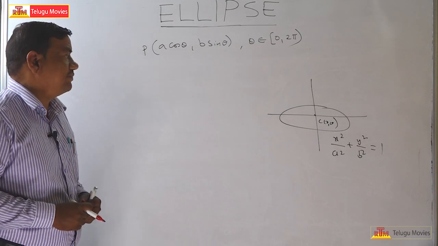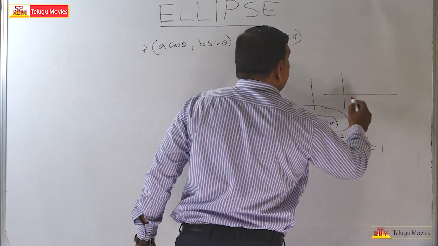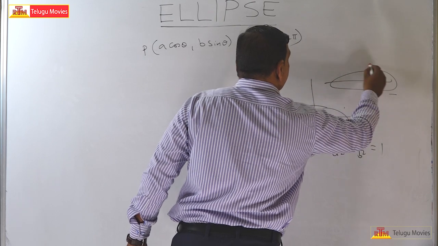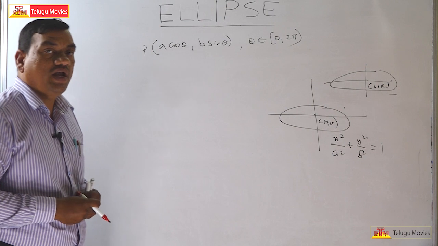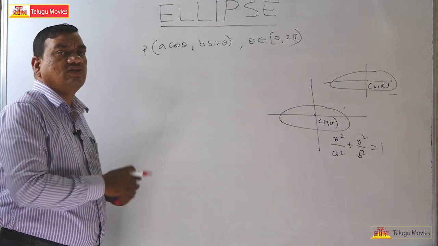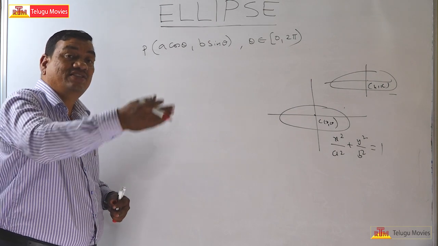That is very clear. If the ellipse is shifted, if the center is shifted to h comma k, then how to take the point P? Already I told in the previous concept at today's class starting, the increment is h comma k.